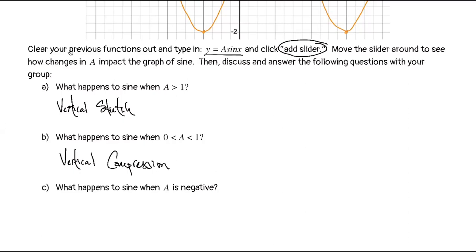All right, and then to answer the last question, what happens when A is negative? Well, I could go back in here and go from negative 10 to 0, right? And then slide it around. What's happening to this graph? Is this the same or different as when A was positive?